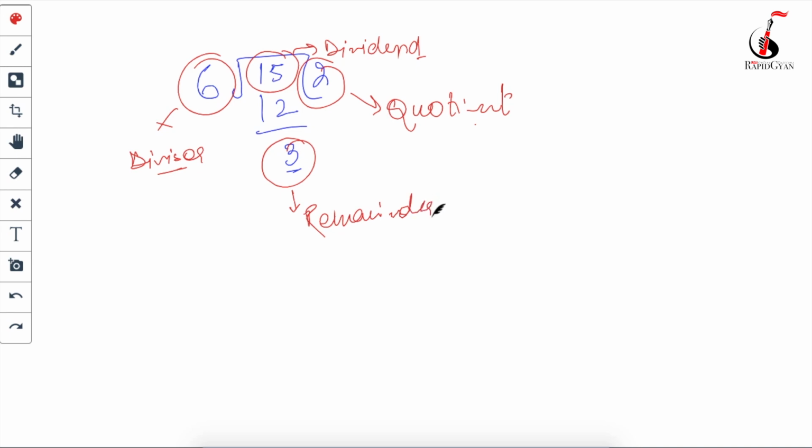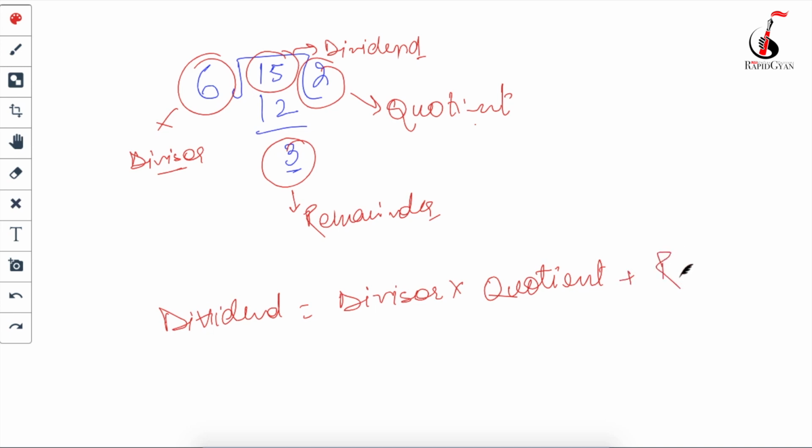So we know that dividend is equal to divisor into quotient plus remainder, correct? This is not yet your remainder theorem, this is just what you will have to study.